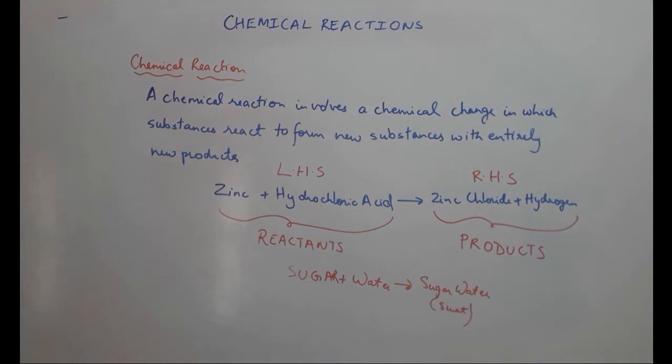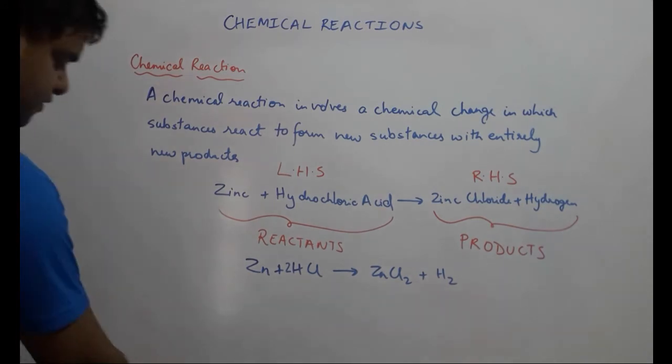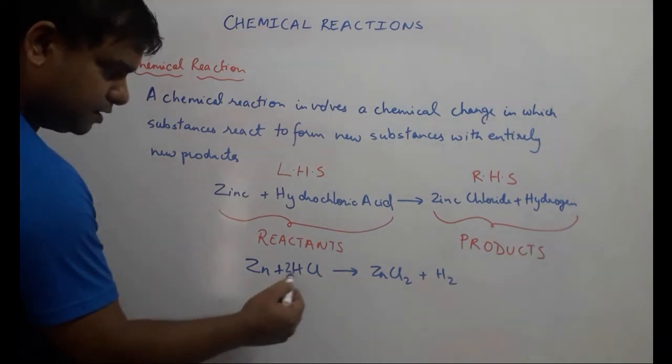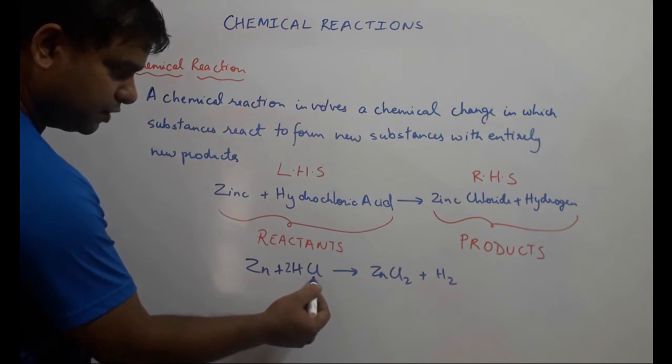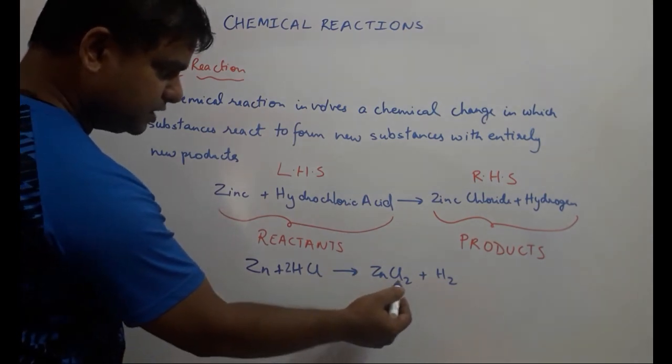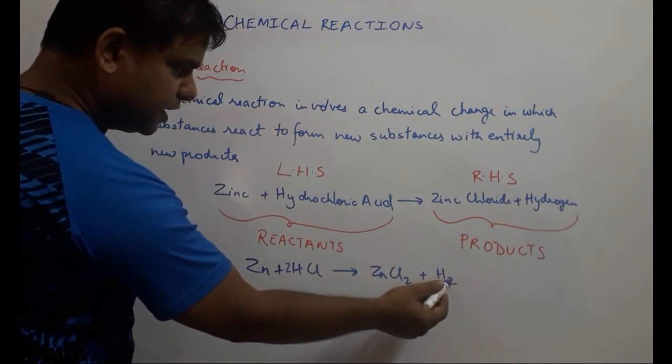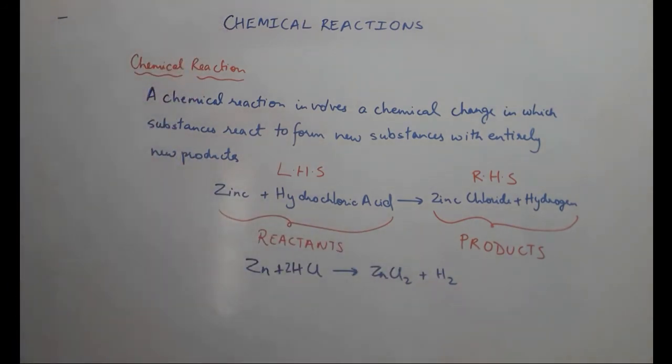Now in terms of chemical equations, if we had to write the two, then it would be something like this. In terms of a chemical equation, we have zinc plus 2 molecules of hydrochloric acid giving us zinc chloride plus hydrogen, which is a gas.